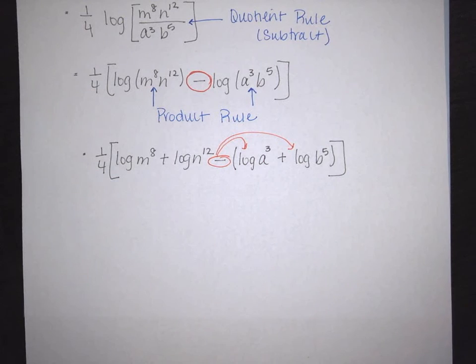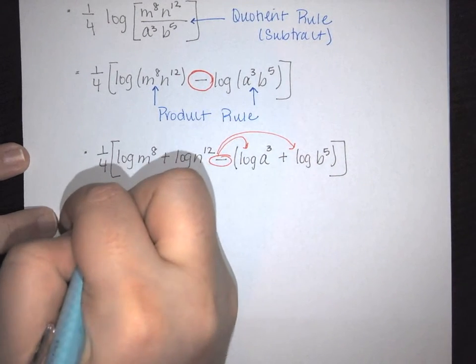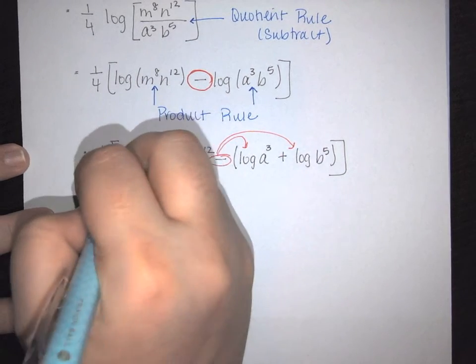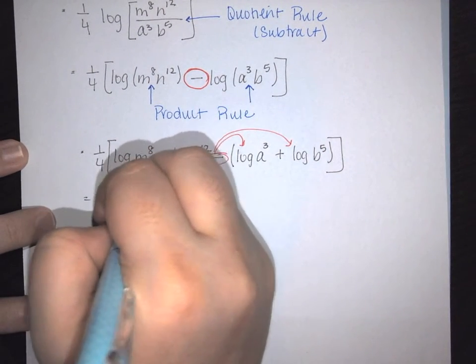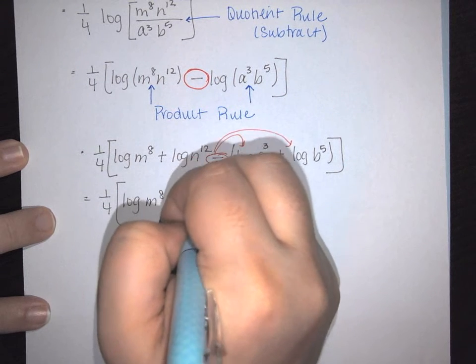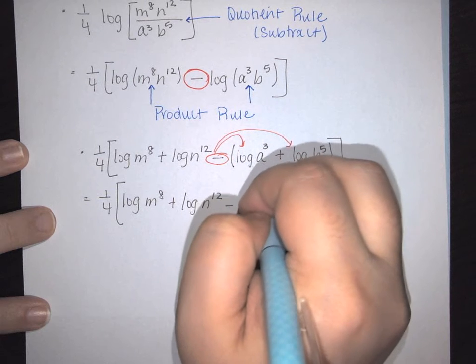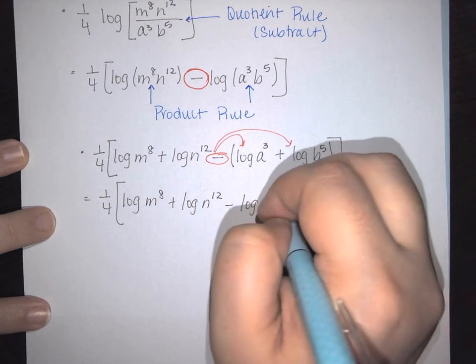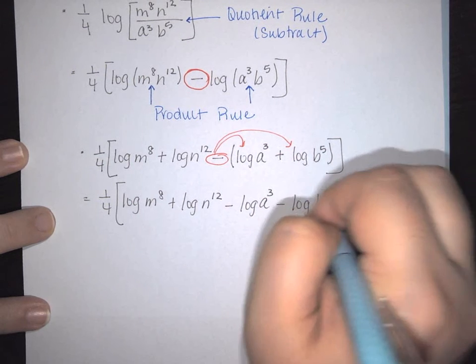And so before we even look at the next rule, I want to apply my negative through. So here we're going to have the log of m to the 8th plus the log of n to the 12th minus the log of a cubed minus the log of b to the 5th.